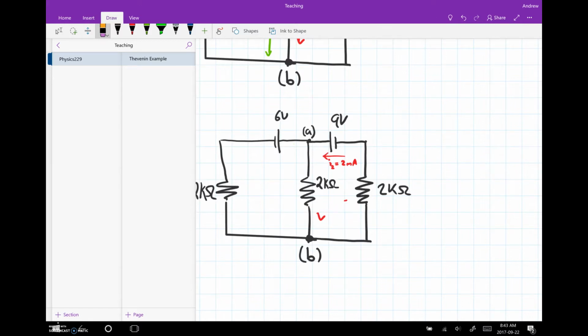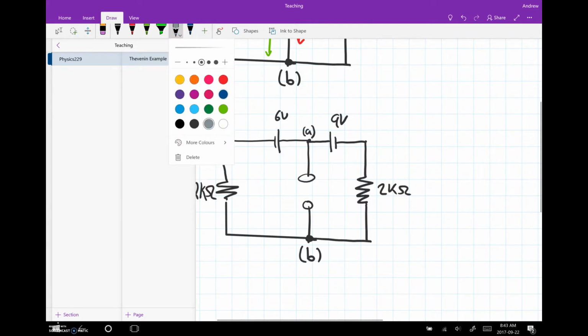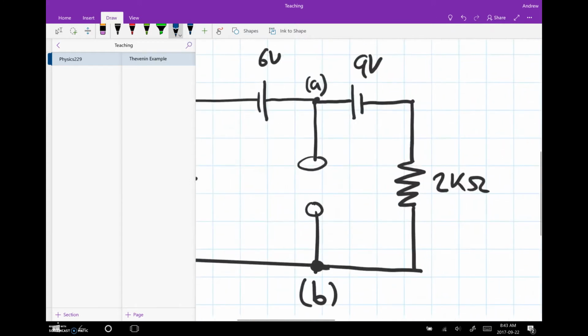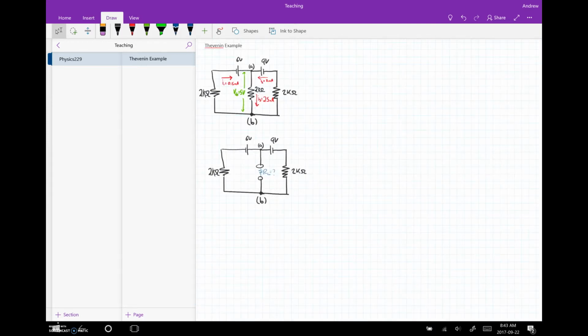The Thevenin problem. Instead of a resistor here, we have something, just something we're going to plug in. It's going to be some unknown load resistor, and we don't know what it is ahead of time. Thevenin's theorem tells us that we can write this.